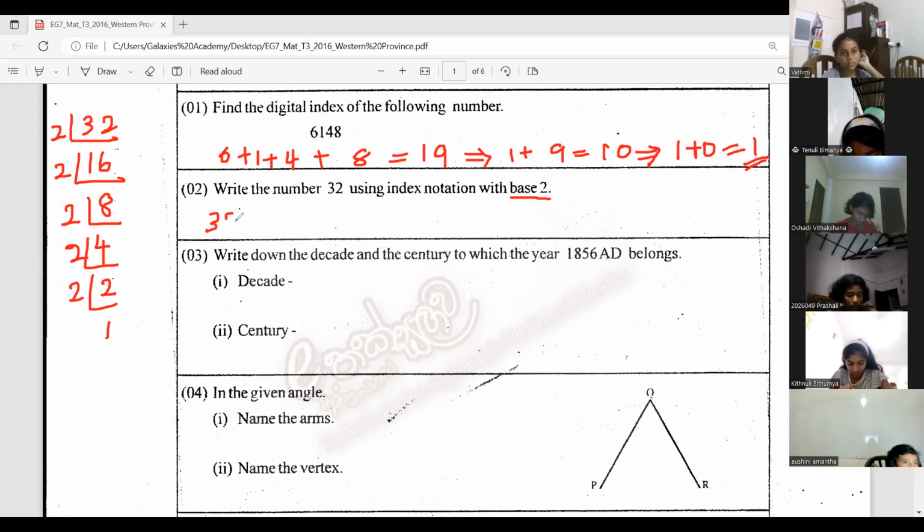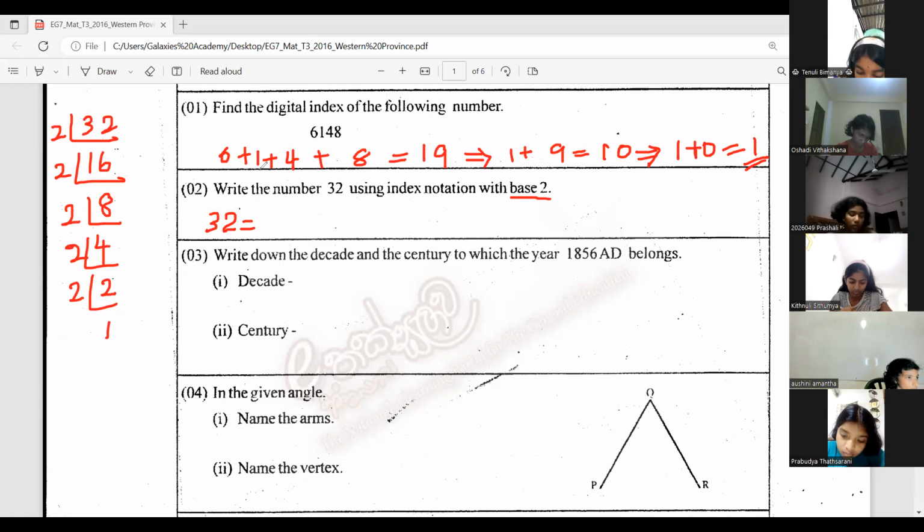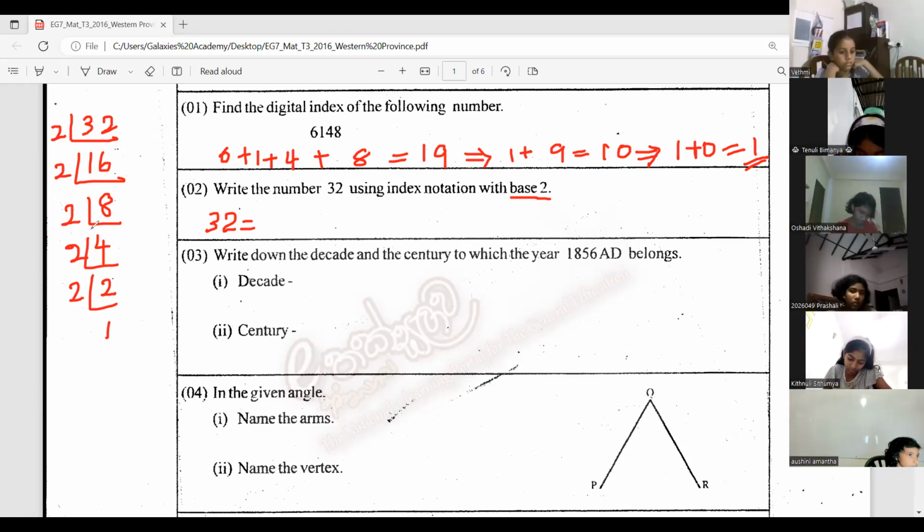Then 32 you can write as the product of these divisible values: 2 multiplied by 2 multiplied by 2 multiplied by 2 multiplied by 2.